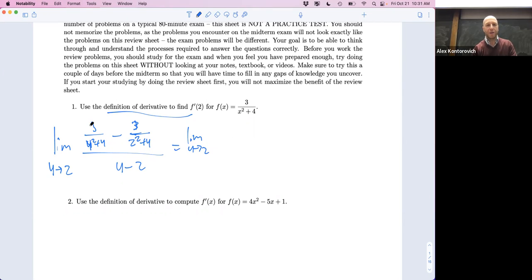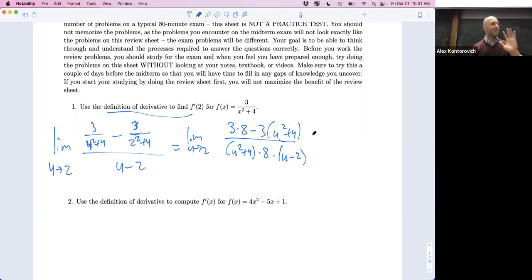So I have 3 times 8 over U squared plus 4 times 8, and then a minus 3 times U squared plus 4, and all of that divided by U minus 2. Everybody get that? I have a fraction divided by something that's just an extra entry in the denominator. So far, so good?